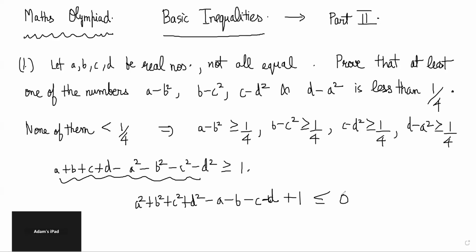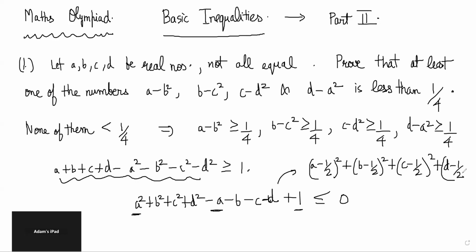Now if you split the 1 into four quarters, you can complete the square. We can write it as A minus half whole square plus B minus half whole square plus C minus half whole square plus D minus half whole square is less than or equal to 0, but this is impossible.